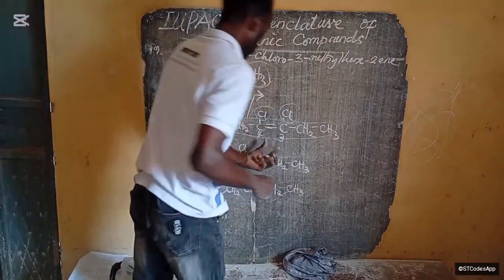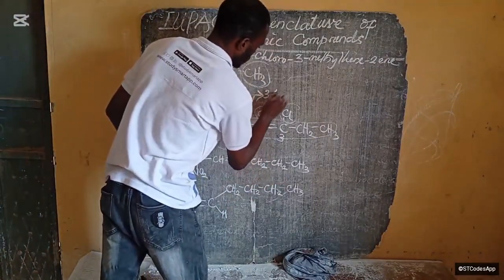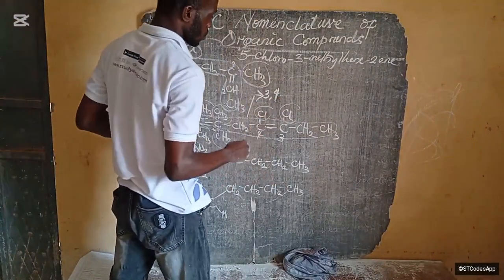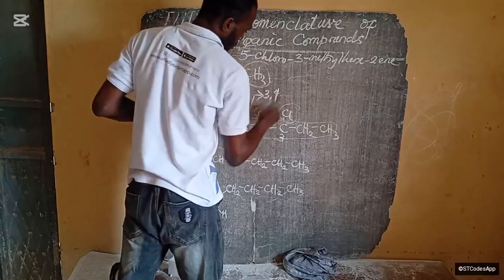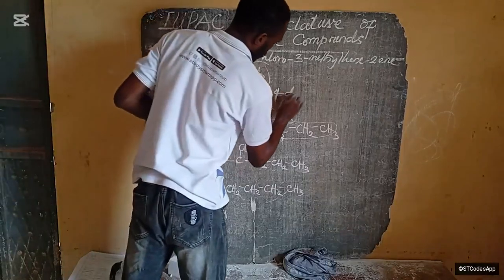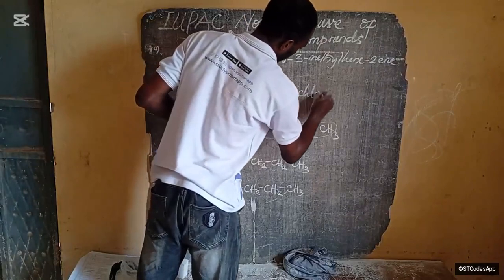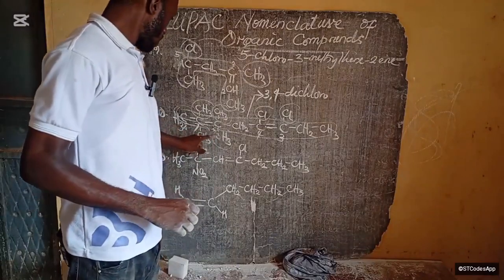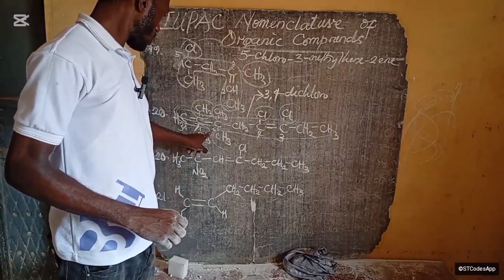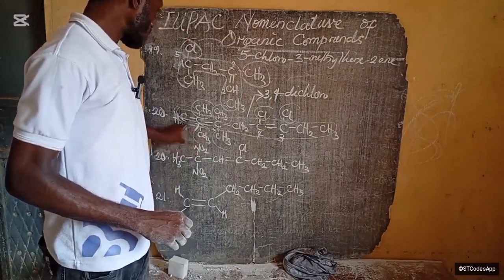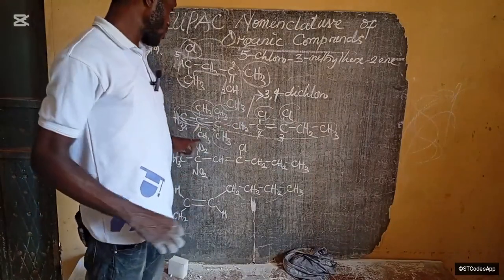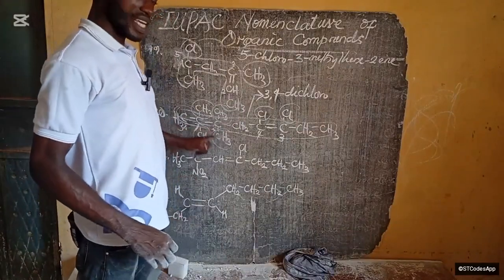So I have 3, 4 dichloro 6, 6, 7, 7. Now you would think that if you go in this direction, it's going to be 2, 2, 3, 3, and that should be okay.